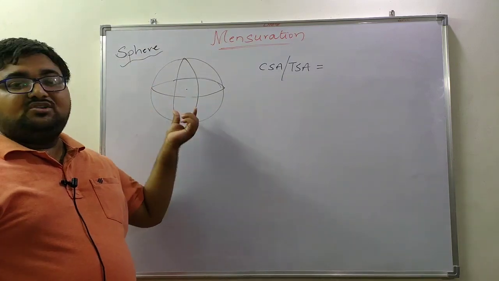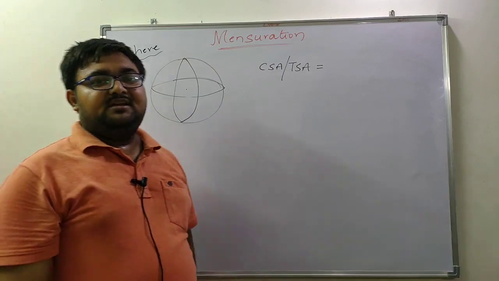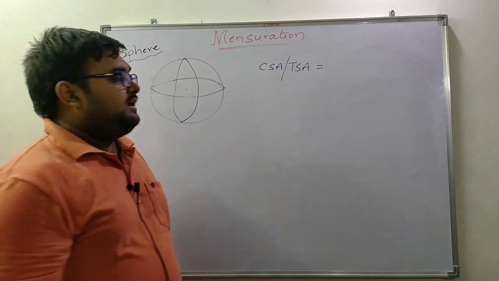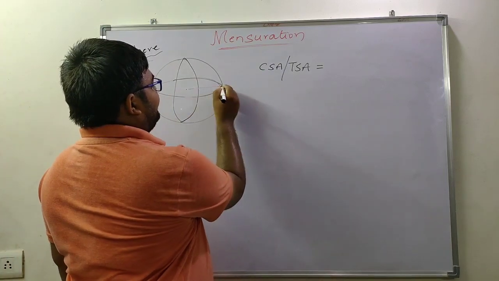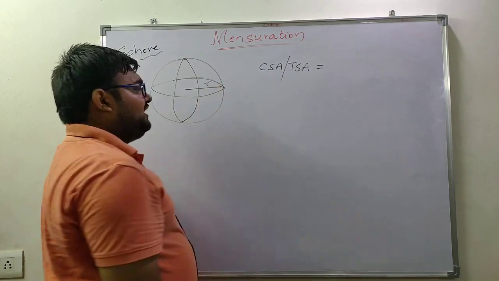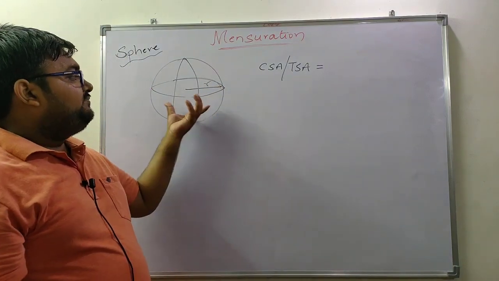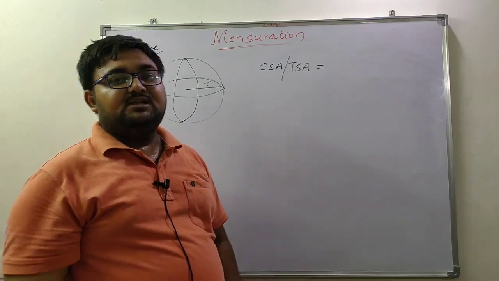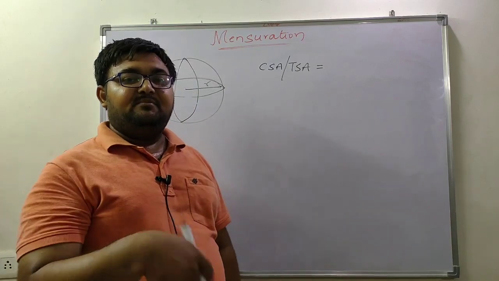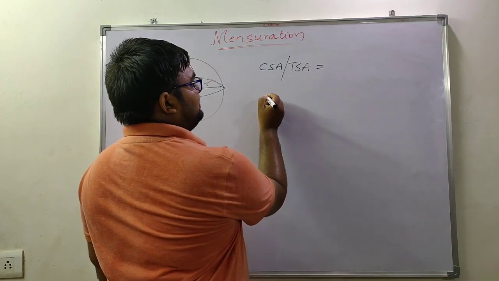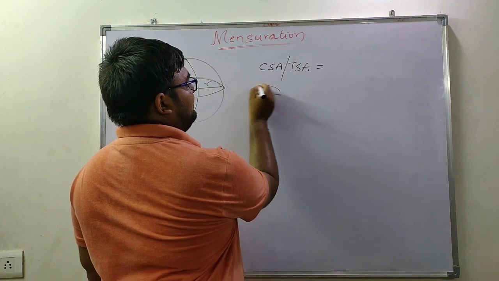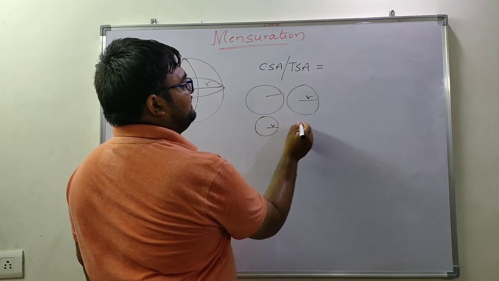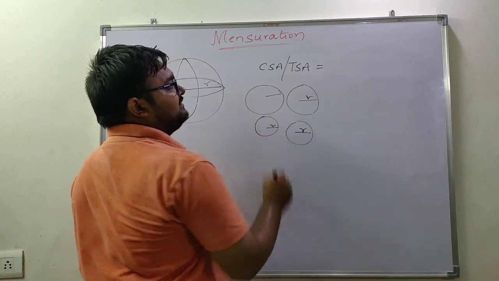If you wound a thread around the surface of the sphere and open it out, and the radius of this particular sphere is some r, then if you make circles of radius r with the thread, we are going to have totally 4 circles.